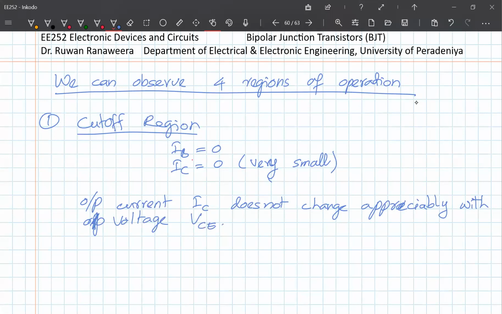Okay, both CB and BE junctions are reverse biased.